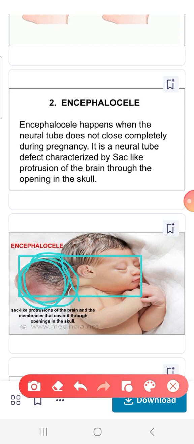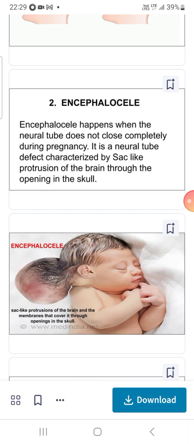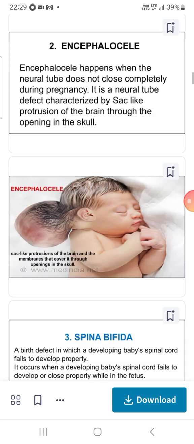This type of characteristic develops, and that is called encephalocele. That's why the head is extended. It is a neural tube defect characterized by a sac-like portion observed with an open skull. This problem also depends upon genetical factors.